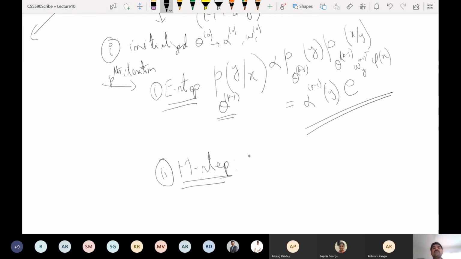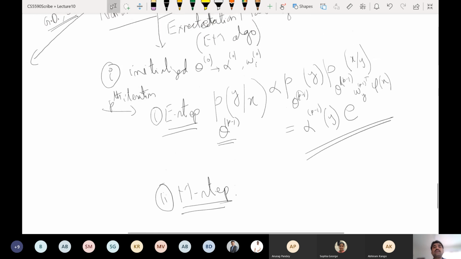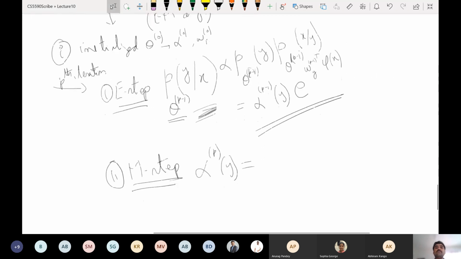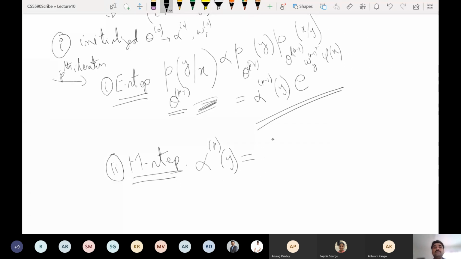This is trying to get an inference for the cluster ID, right? What the M step will do is it will try to update the values of the parameters in the following way. Alpha p of y will simply be sigma over i equal to 1 to m p.